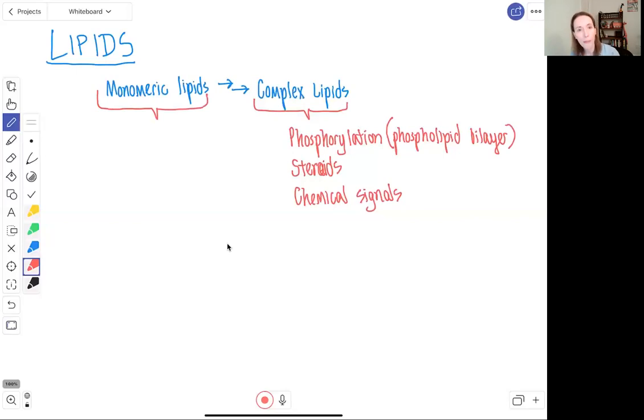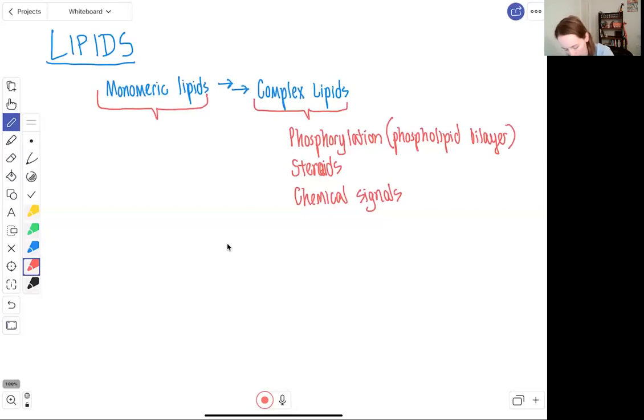When we talk about a monomeric lipid, we're looking at molecules that have a molecular weight of about 100 to 1,000 Daltons, with a major portion of that being comprised of an aliphatic or aromatic hydrocarbon.